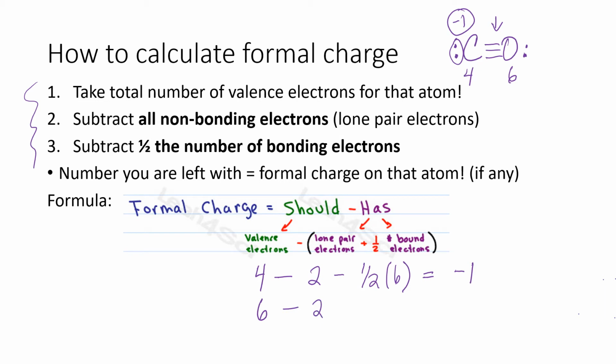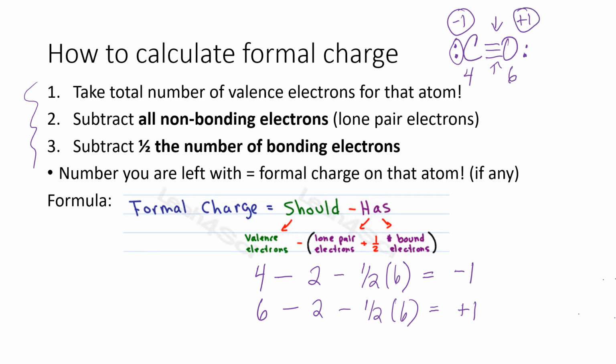And again, oxygen has 3 bonds too. So it's going to be the same thing all over again. Minus 1/2 of 6. 3 bonds have 6 electrons. And interestingly, this time, 6 minus 2 minus 3 is going to give us a charge of +1. So we can assign a charge of +1 to our oxygen.